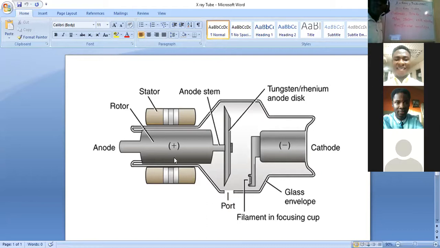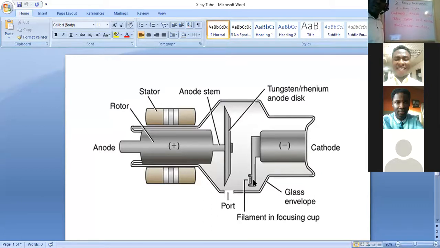So you have the rotor, which is the rotating part of it. You have the starter, which is connected close to the rotor, that energizes the rotor to begin to rotate. Then these are the cathode, and this is a filament and focusing cup, which most times you have two of. We have one with a small focus spot and a big focus spot, all in the same tube.